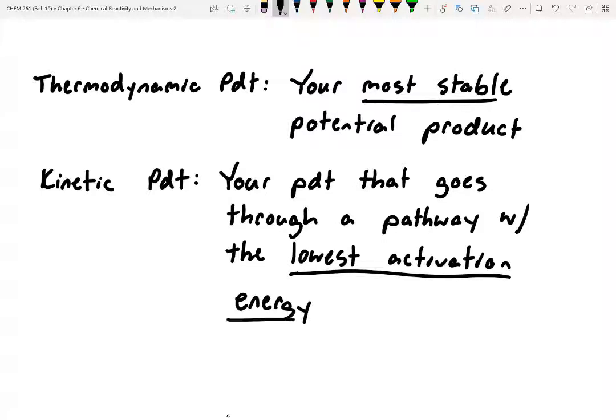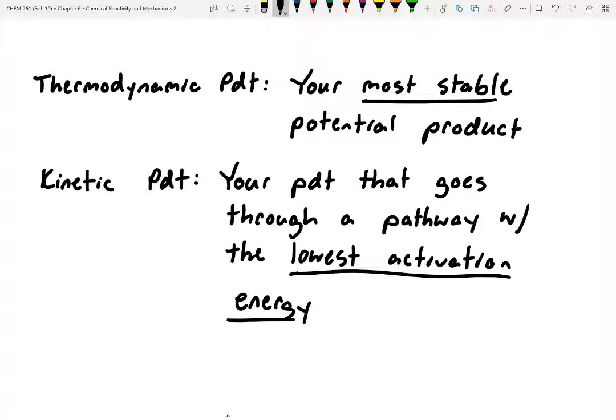All right, the tricky thing is that sometimes your thermodynamic product is also your kinetic product. We need to know about the activation energy and delta G before we can really make the claim as to which pathway is going to be favored, the thermodynamic or the kinetic. Does that make sense? So they're really looking at two different things.